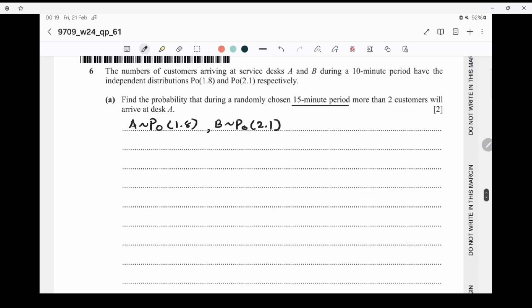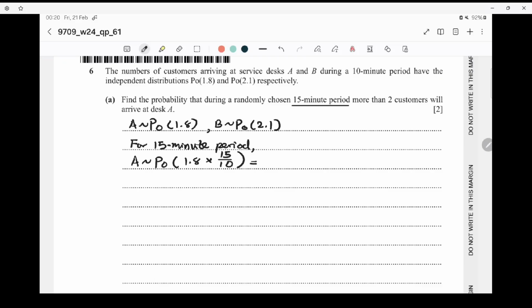So for 15 minutes, the mean for A would be given by 1.8 times 15 divided by 10.